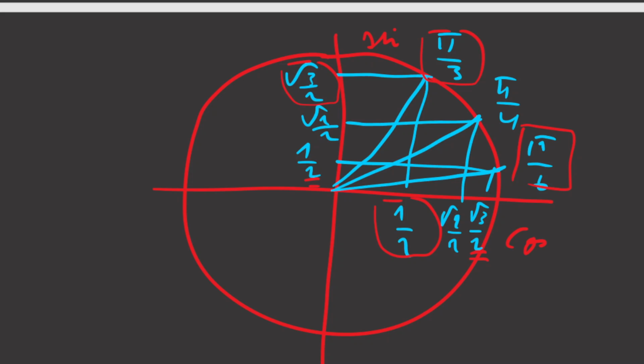So as a start, I will try to use pi over 6 and see if it works. And then I will try pi over 3. So with pi over 6, if you plug in pi over 6, we would get 1 over 2 over square root of 3 over 2. Alright, so we will try to compute it. So I'm going to try if b is equal to pi over 6.